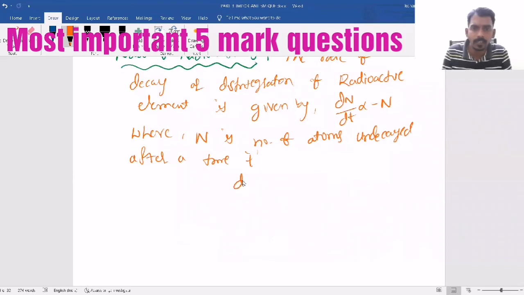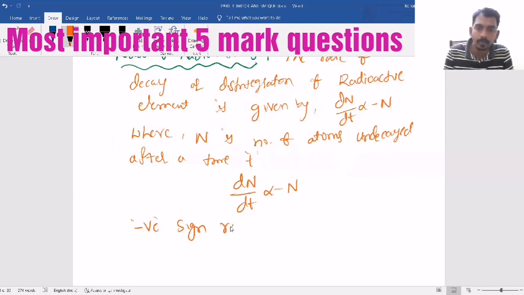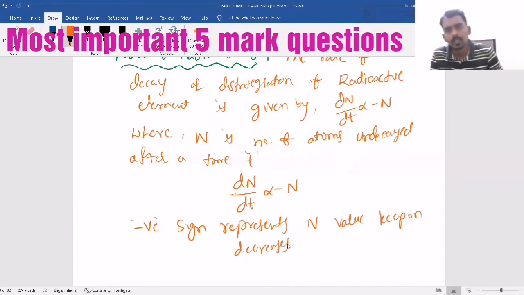That is, dN by dt is proportional to minus N, and here the negative sign represents that the N value keeps on decreasing. As the number of atoms undergoing decay keeps on increasing, the number of undecayed atoms keeps on decreasing.